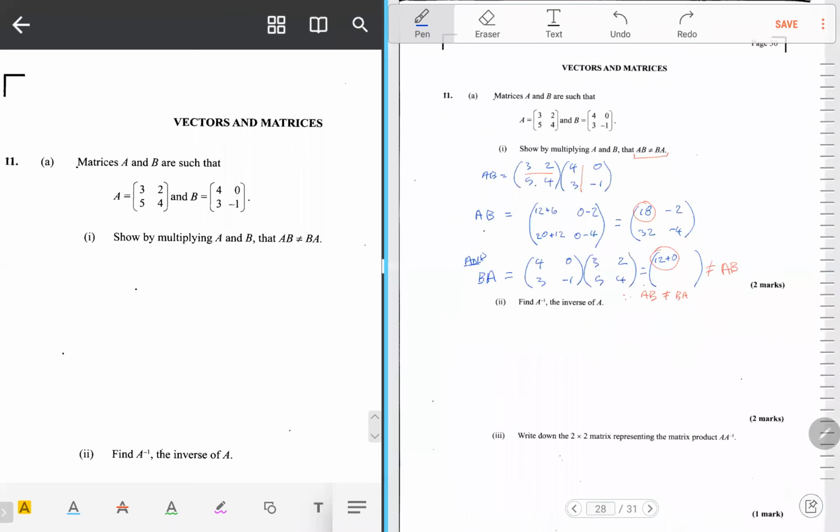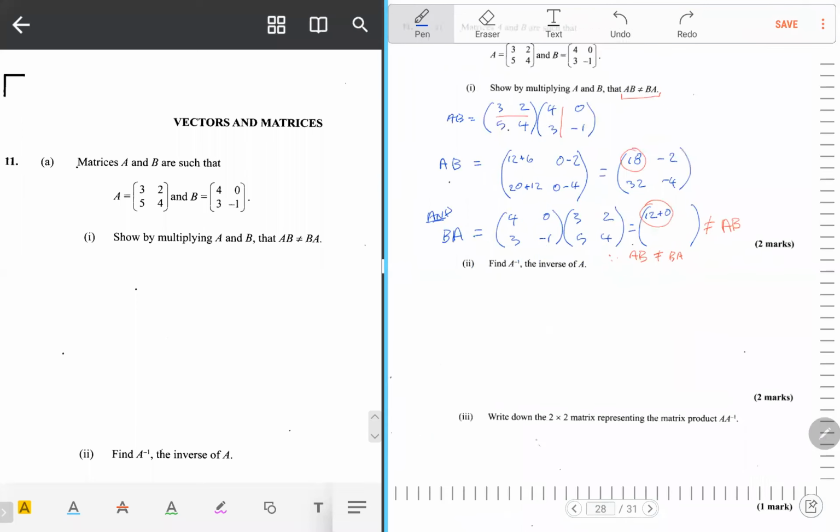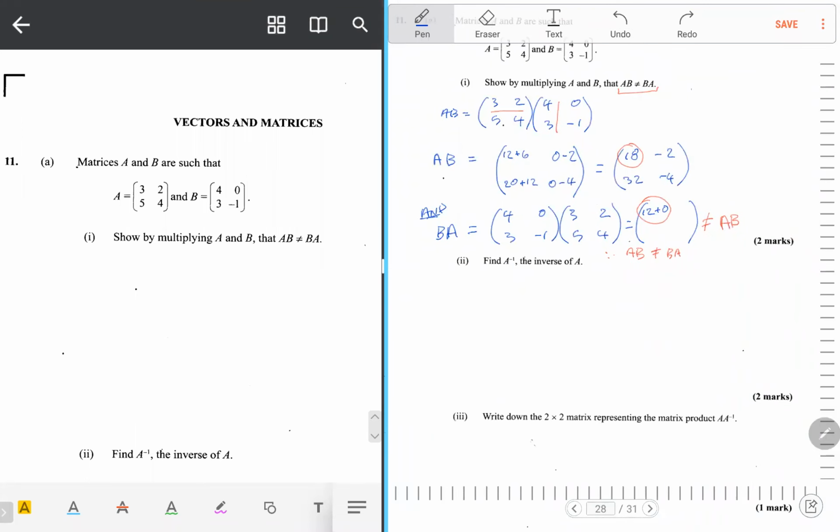Next part wants us to find A to the minus 1. All right. So remember now, A to the minus 1 equals 1 over the determinant of A times the adjoint matrix of A. Now what is A? I can write A over here.